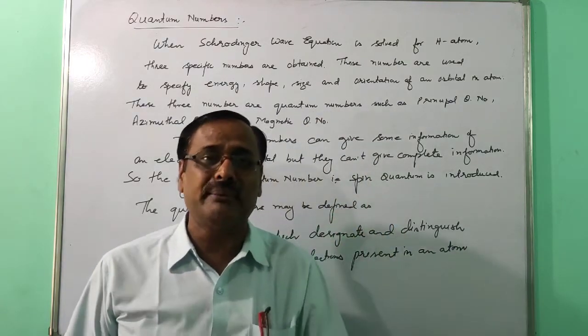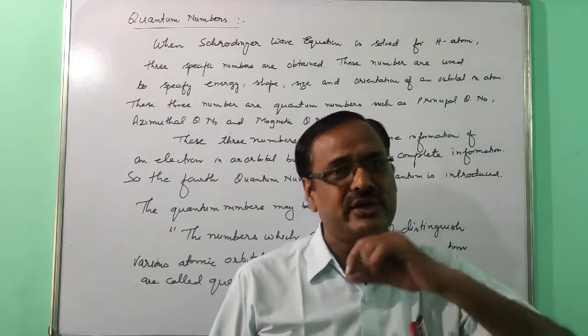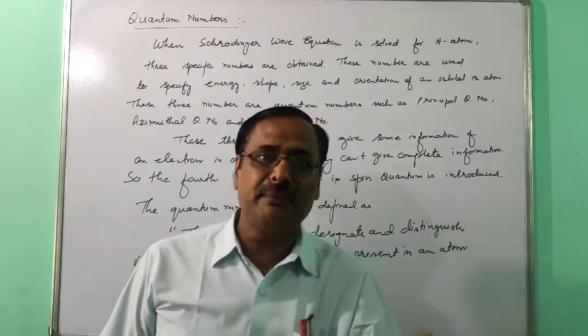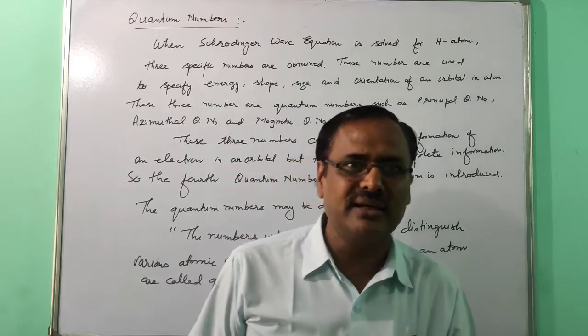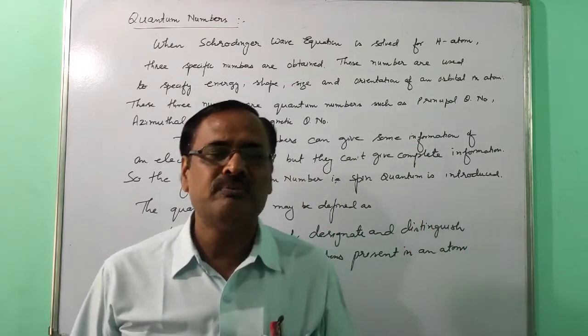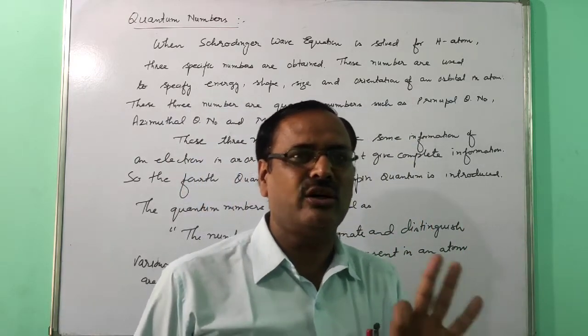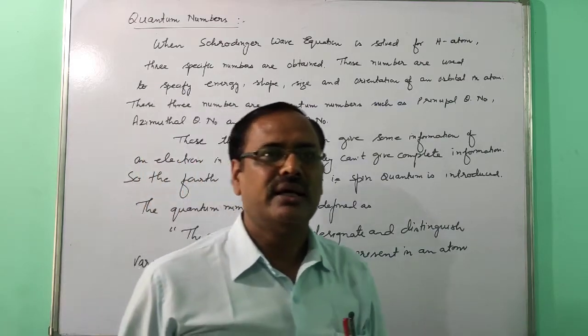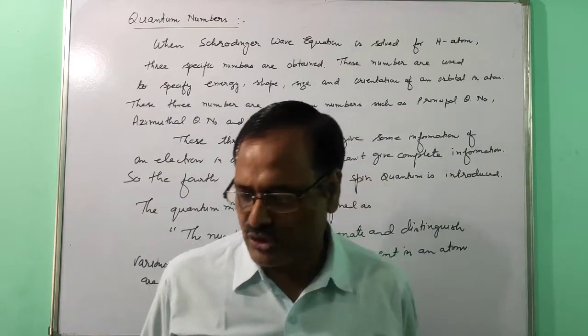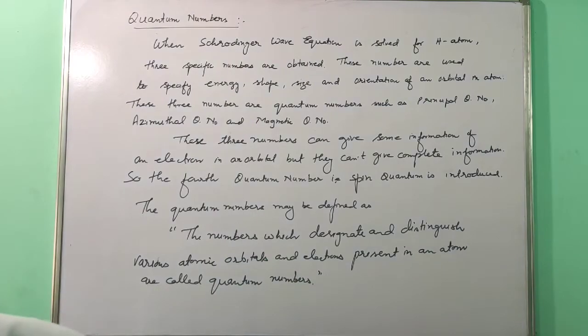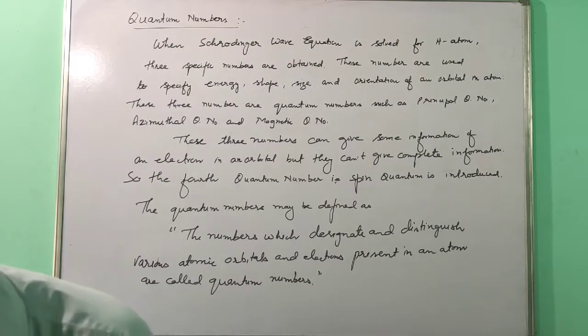The fourth quantum number, the spin quantum number, is introduced afterwards to get the complete information about an electron in an atom. Now we are going to study all these four quantum numbers in detail. First of all, we will take the principal quantum number.